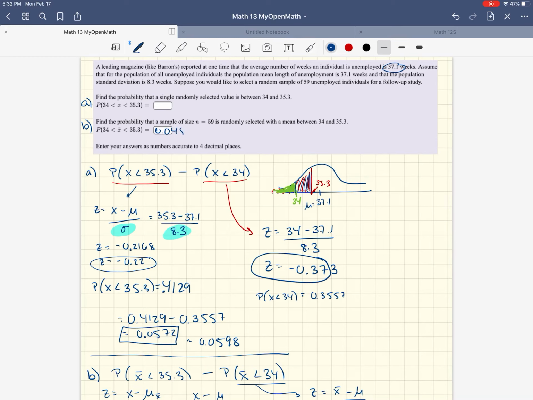So this one should be 0.0454, and for the previous one, 0.0572.